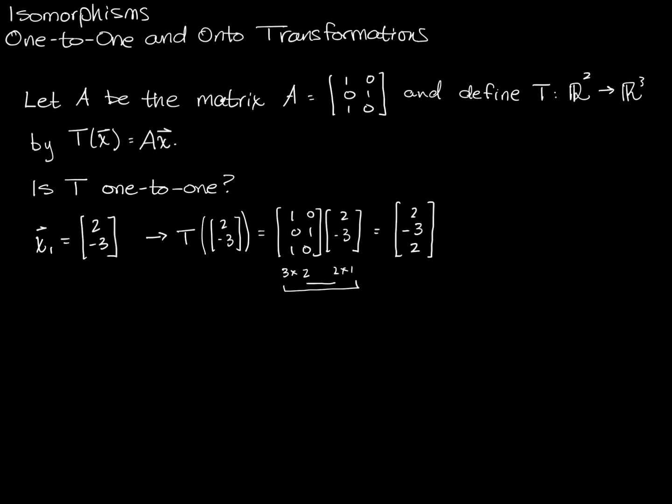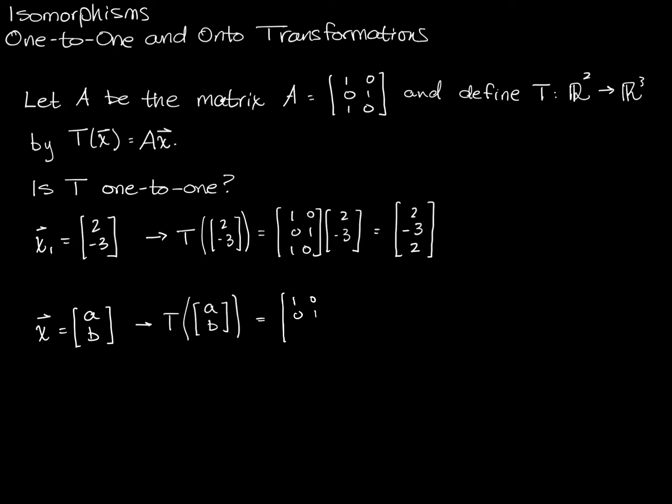Any vector in R2, we know, is going to look like this. I think I'll use (a, b). It's a little easier than x1, x2. And the transformation then of that vector is going to be the matrix [1, 0; 0, 1; 1, 0] times (a, b).